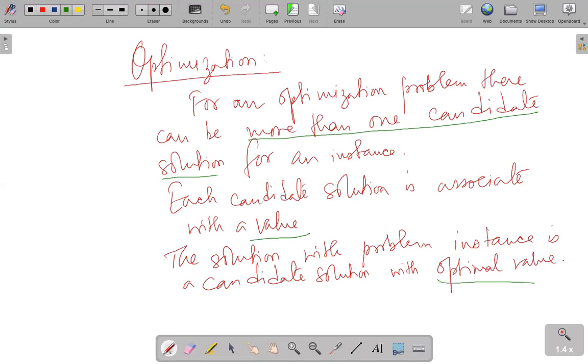Okay, out of the many candidate solutions, we call the solution for the problem instance to be the candidate solution which has the optimal value.